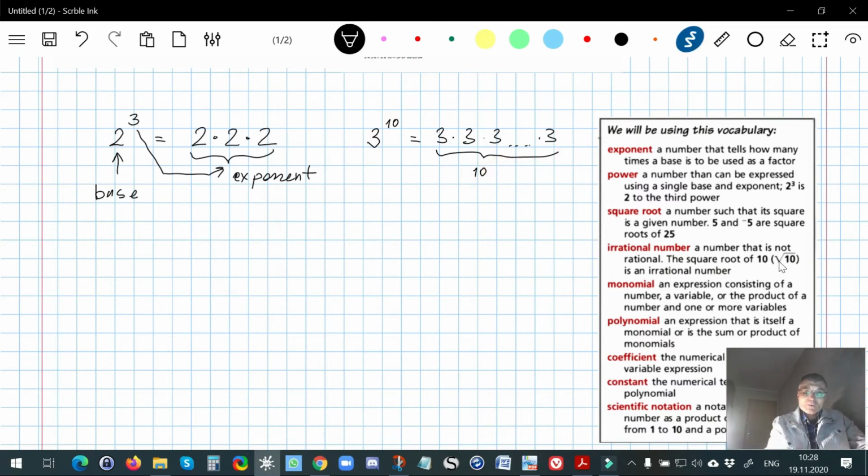Power: a number that can be expressed using a single base and exponent. 2 to the power of 3, it's 2 to the third power.